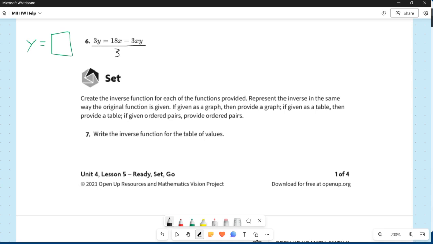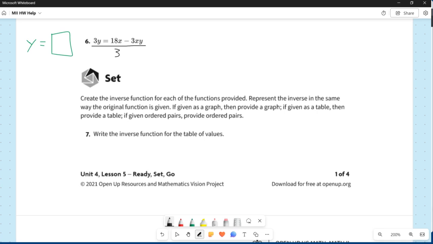We're going to have to do this eventually, but even if we were not isolating y, even if we were doing something else with this equation, we would be able to do this because all three of these terms have a factor of 3, which is not necessary. We can get rid of it. So that's actually a good first step here, which I didn't catch the first time I was doing this problem.